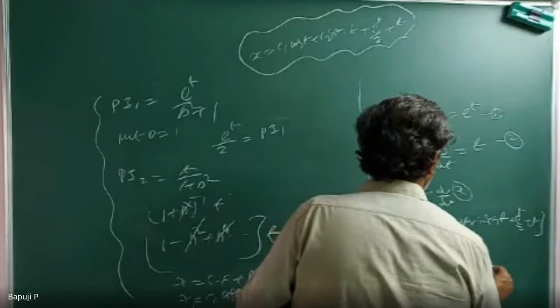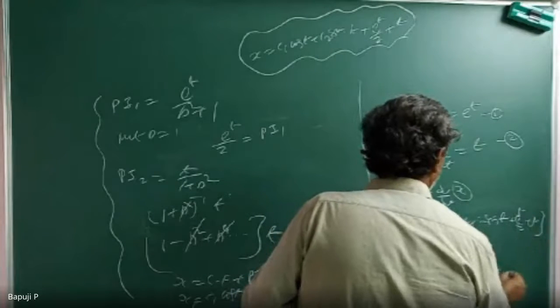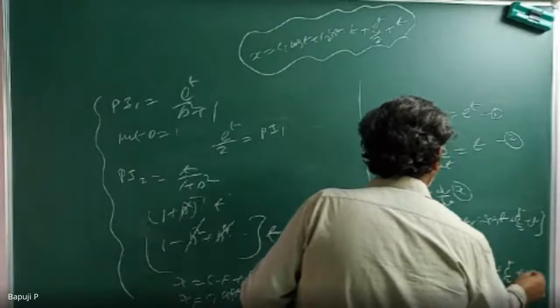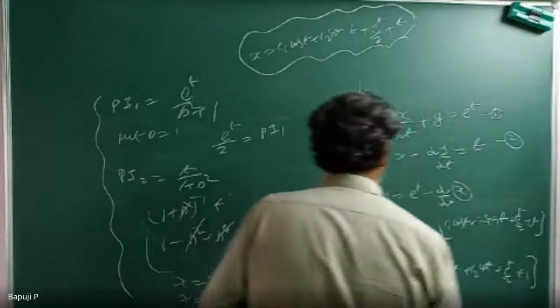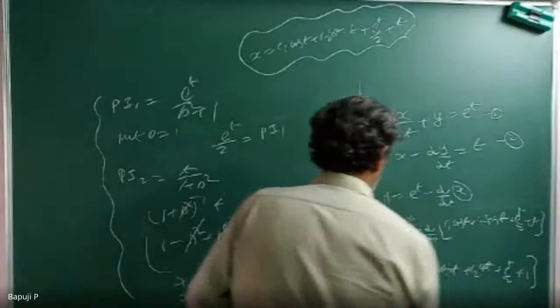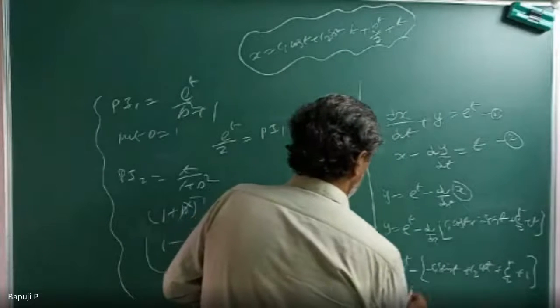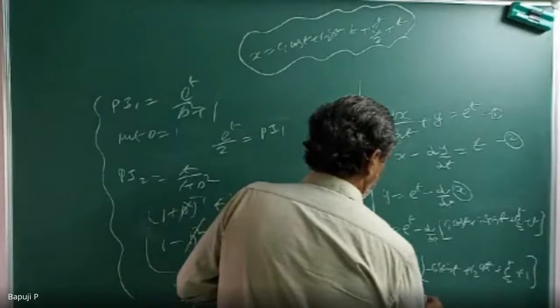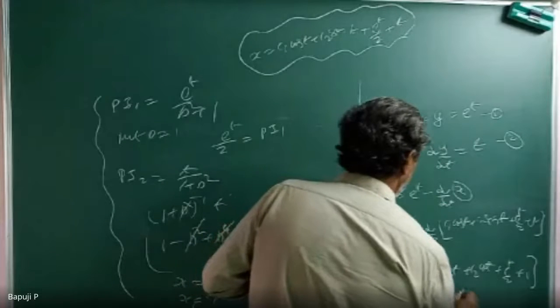If you want, you can simplify these two also. y is equal to e^t/2 plus C1 sin t minus C2 cos t minus 1. This is the y value.